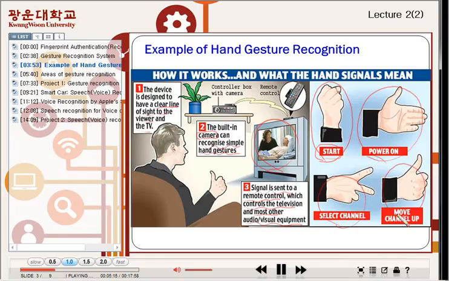So with hand gestures, we can recognize various kinds of hand motions for smart TV control.